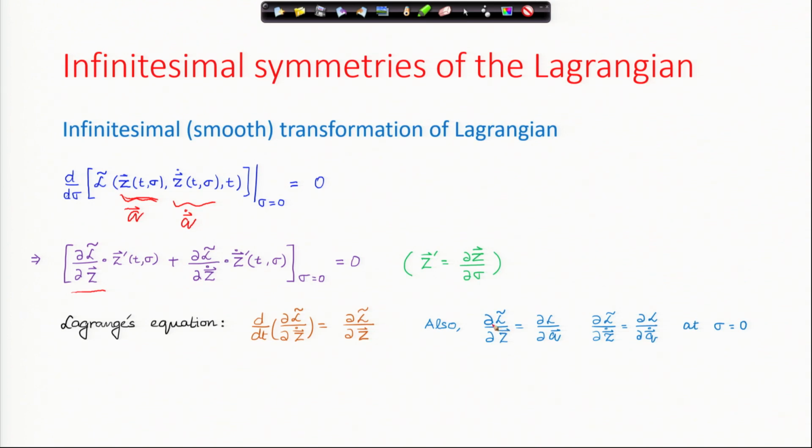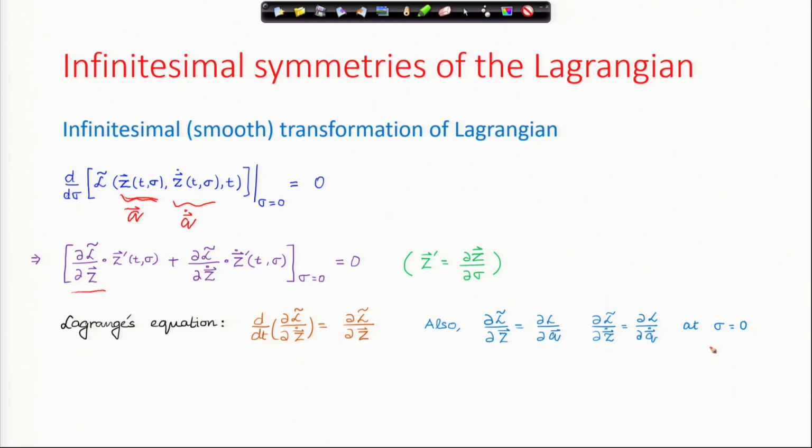Therefore, ∂L̃/∂z must be equal to ∂L/∂q, and ∂L̃/∂ż must be equal to ∂L/∂q̇. This is a very standard property which you should be knowing.